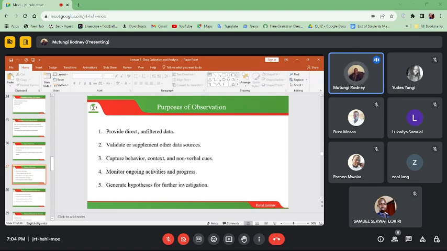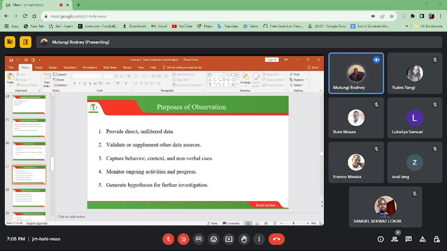So through observation, one of the data collection methods, I will be able to generate an alternative hypothesis and say that no, there is stunting.